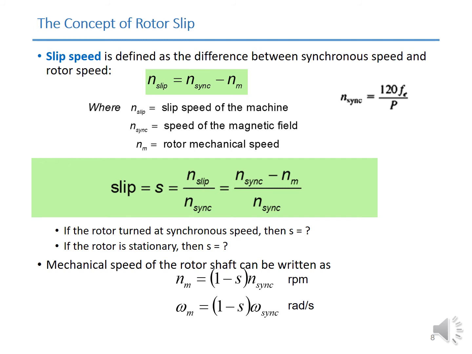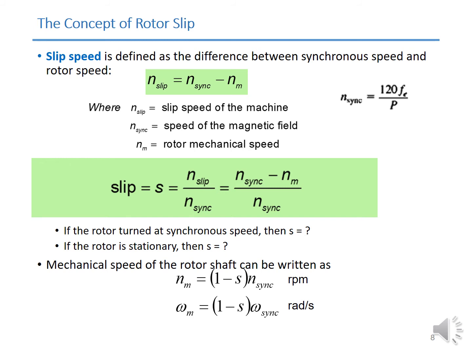So if the rotor is turning at the synchronous speed, the value of S will be 0. And if the rotor is stationary, then again the question is, what is the value of S? If the rotor is stationary, then nm is equal to 0, so therefore S is equal to n sync over n sync, which is 1, yeah?